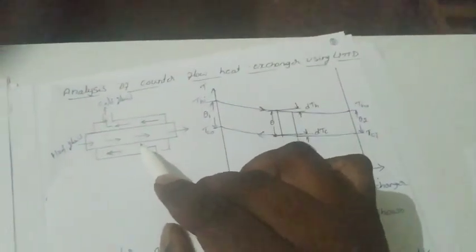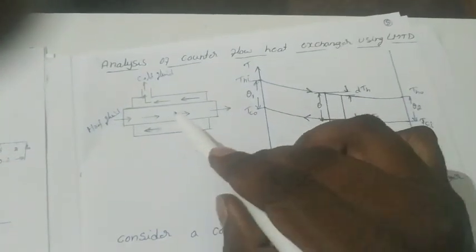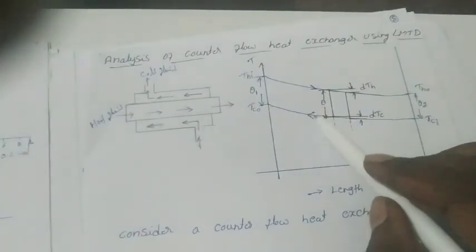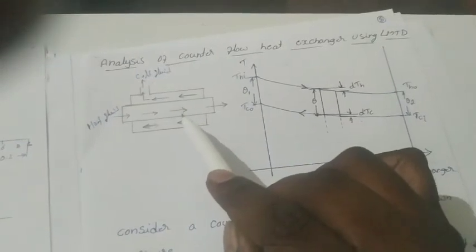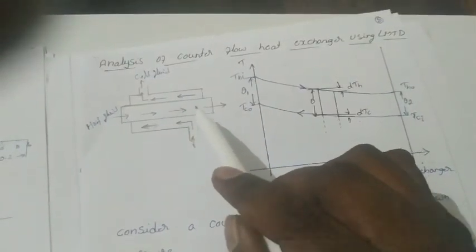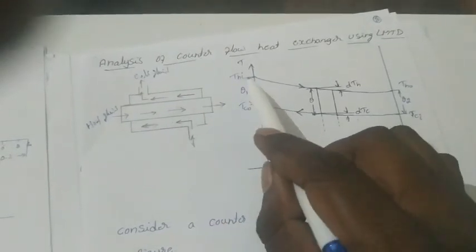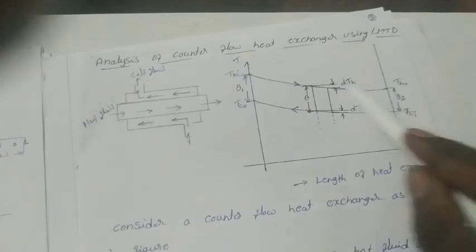Hence, look at it. Along the length of the heat exchanger, the temperature difference, look at it, within that, the hot fluid loses heat energy, so the temperature from inlet to outlet decreases.